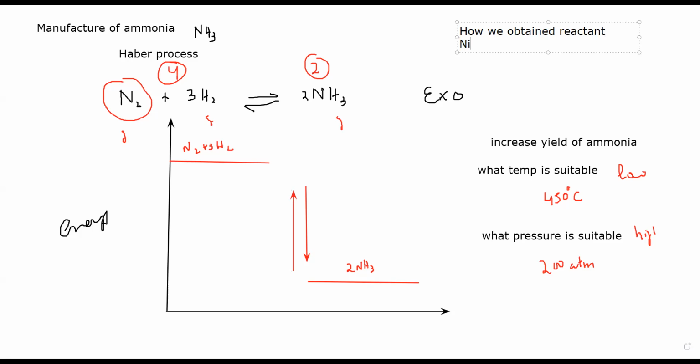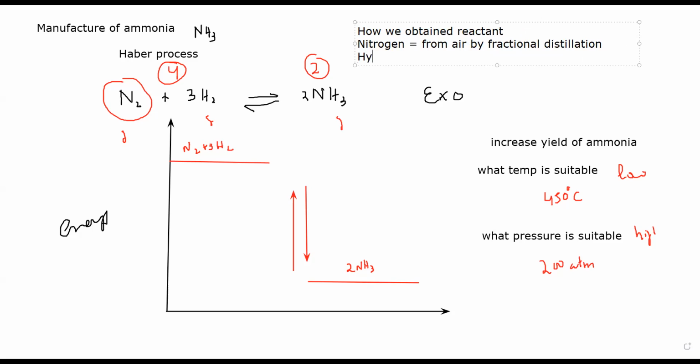Nitrogen, from where do we get nitrogen? Nitrogen is from air, and the technique which we use to extract the nitrogen is fractional distillation of liquid air.